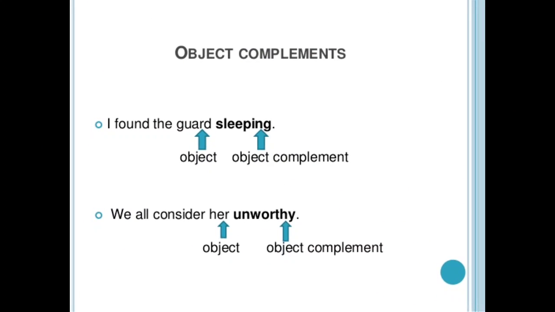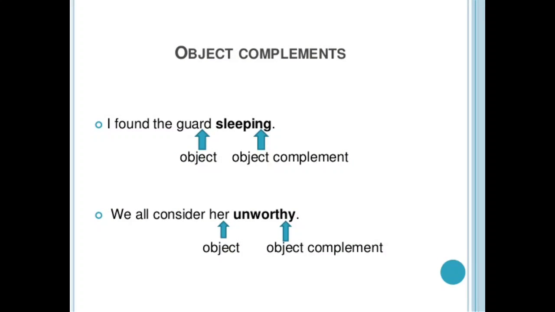And one more example, I found the guard sleeping. Here, guard is the direct object, and sleeping is the object complement. So, the object complement sleeping describes and renames the direct object guard. So, it is known as object complement.